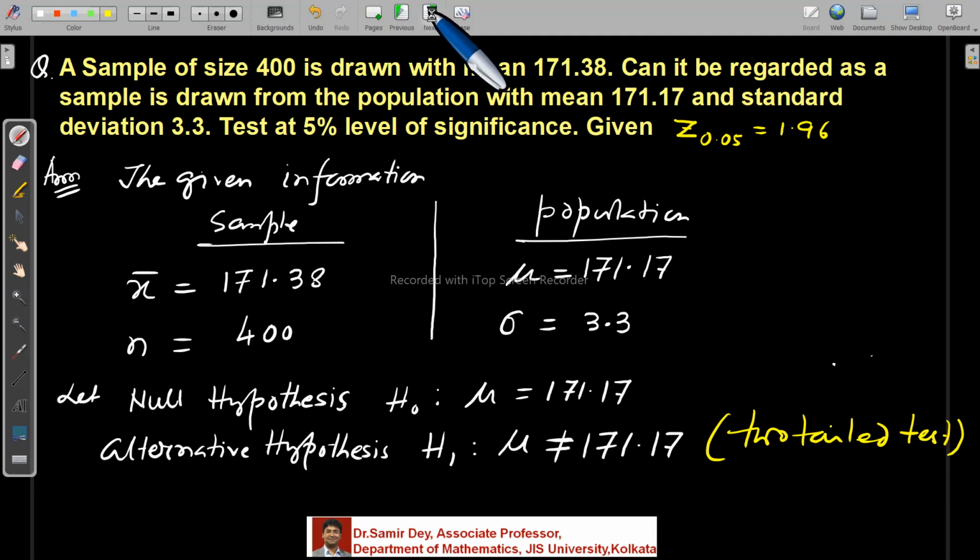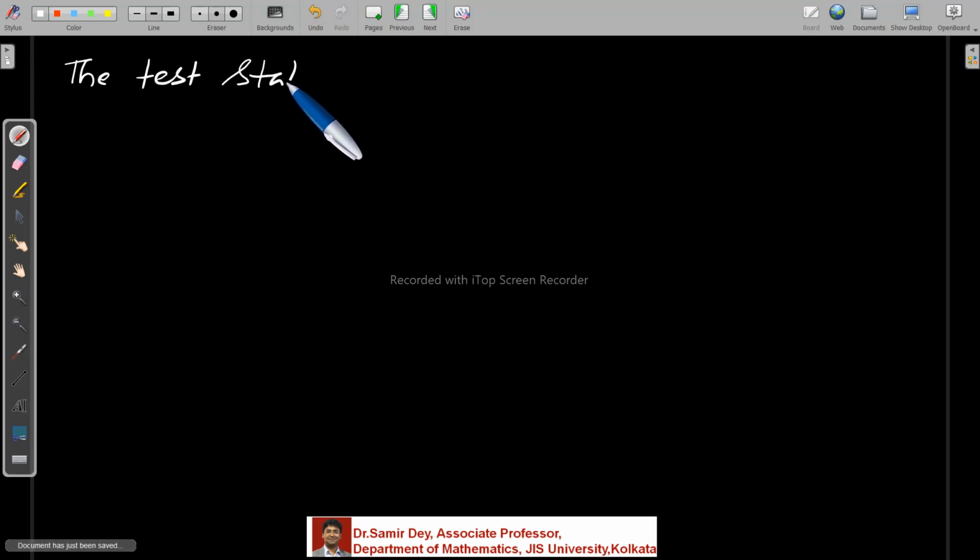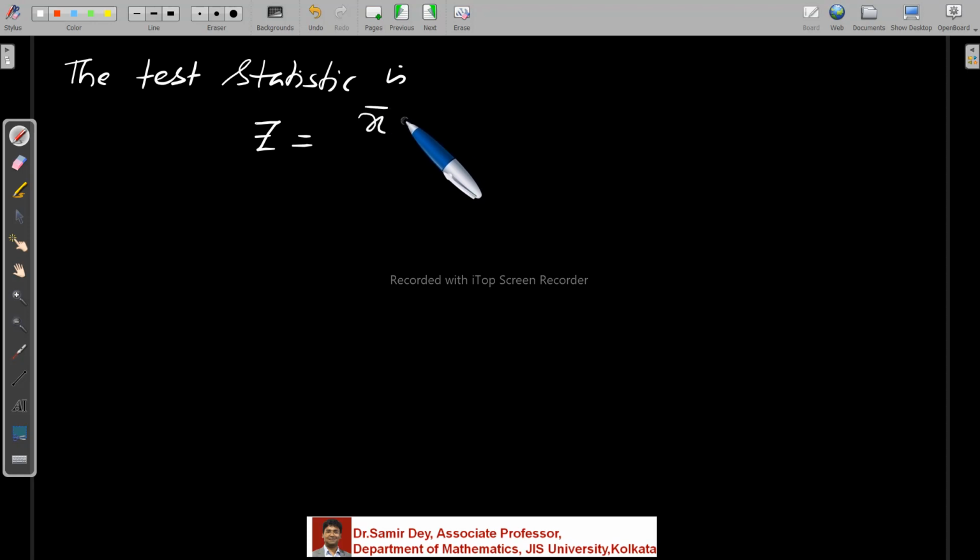Now come to the third step. What about the third step? Please write down the test statistic. The test statistic is, so here z is equals to x bar minus mu by sigma by root n.